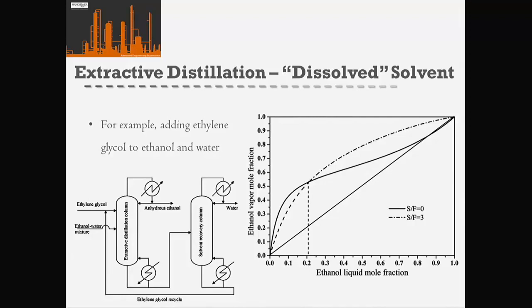Okay? And you can see there that actually the azeotrope has completely disappeared from our system. Yeah? And we've now got essentially a vapor-liquid curve we can quite easily carry out distillation with. Yeah?